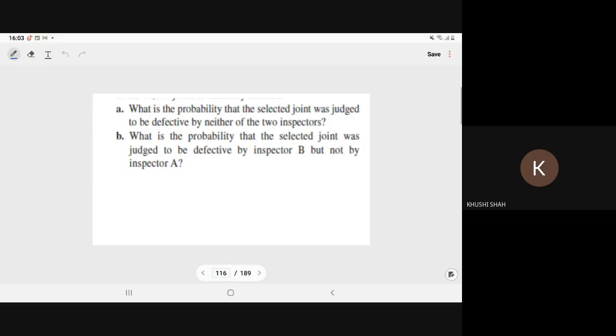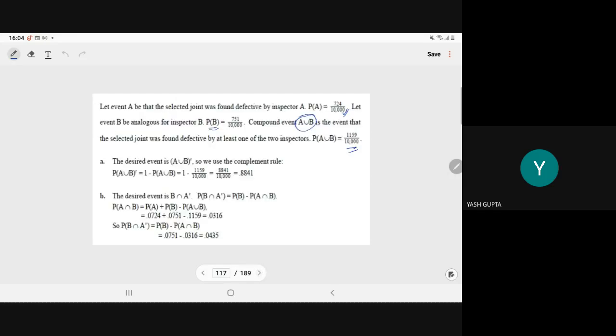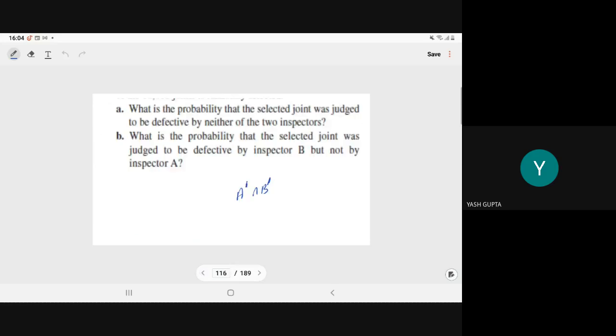Now in the question they have asked: what is the probability that the selected joint was judged to be defective by neither of the two inspectors? Neither A nor B, so it is the complement of A union B. This can be written as 1 minus P of A union B; in the last lecture I told you the probability of complement.